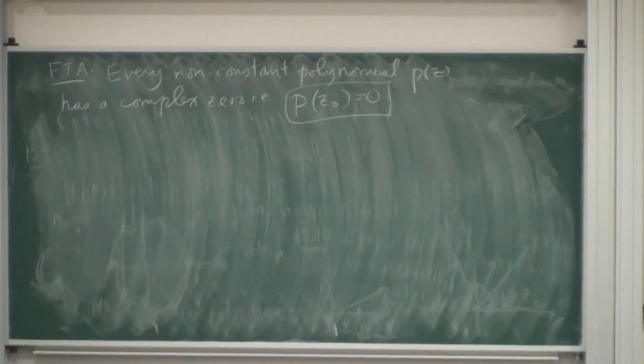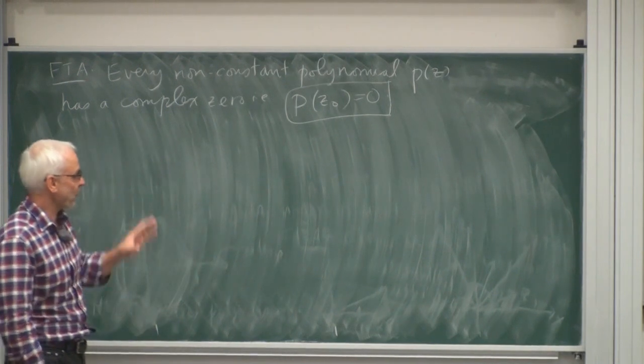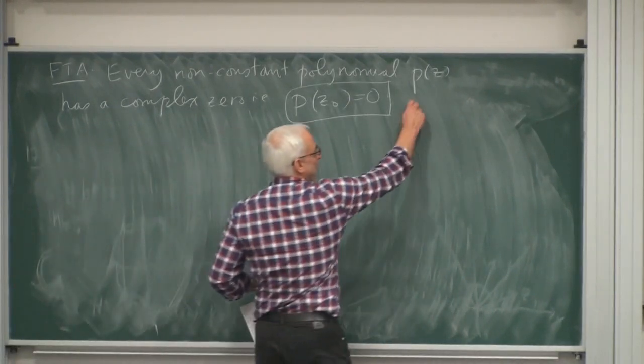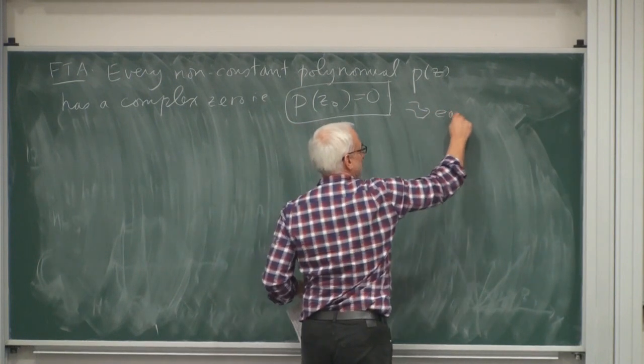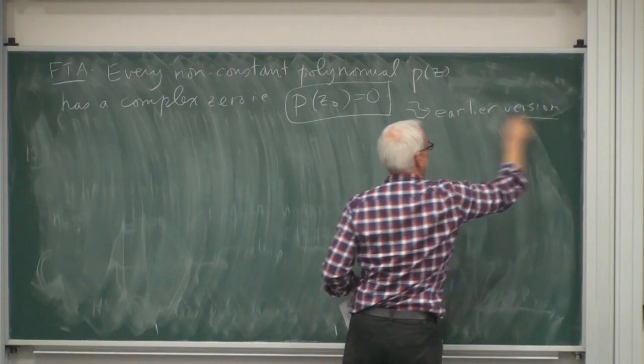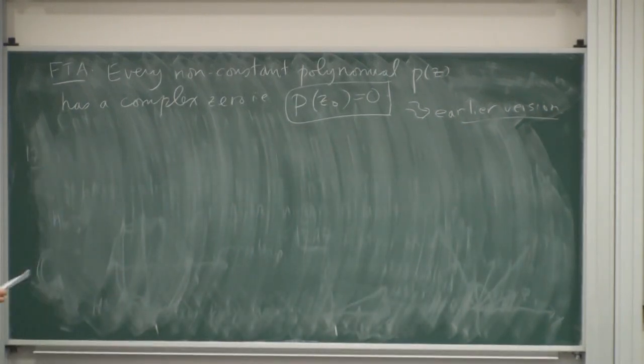And then if you examine that a little bit more carefully, you see that those zeros are in complex conjugate pairs, and so you get quadratic factors. So from this, with a little bit of work, we get the earlier version that I've already stated. So this is the crucial kind of argument.